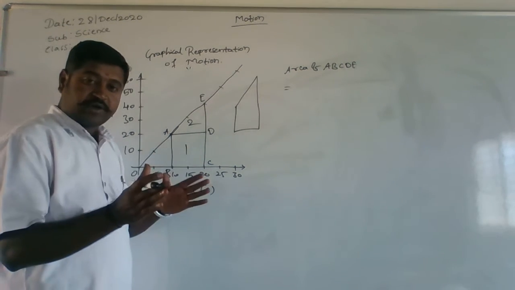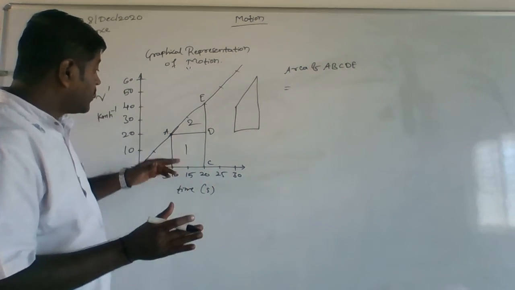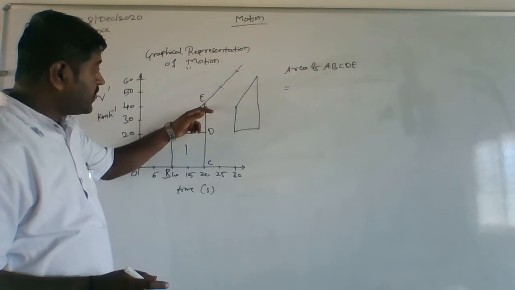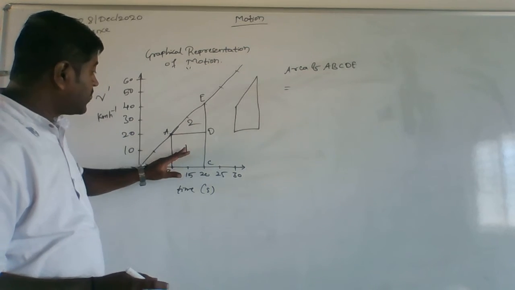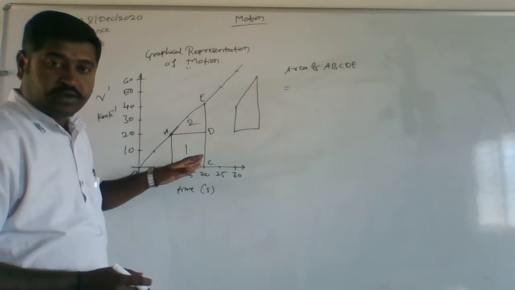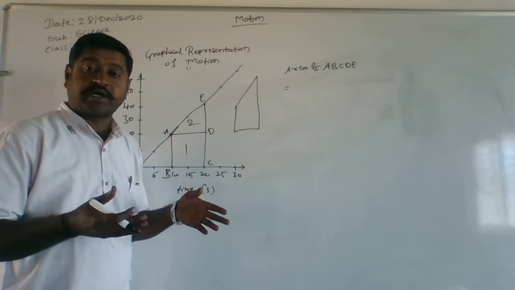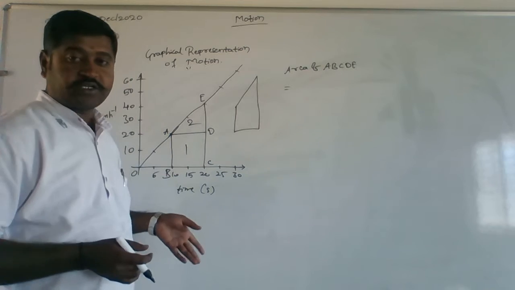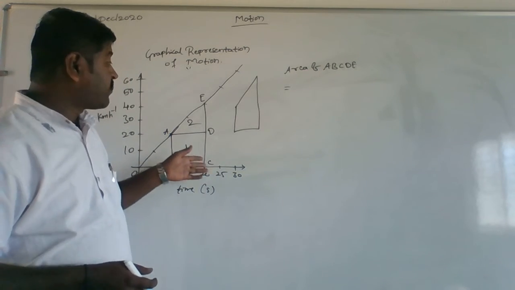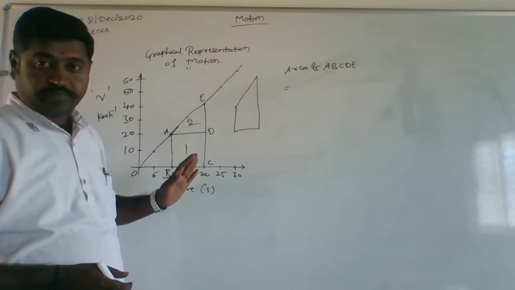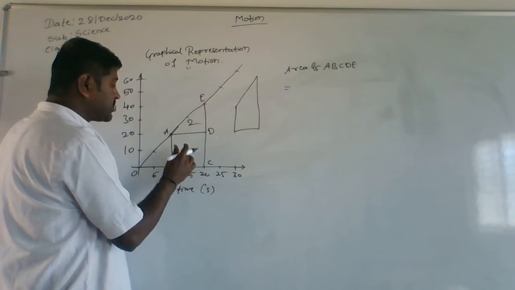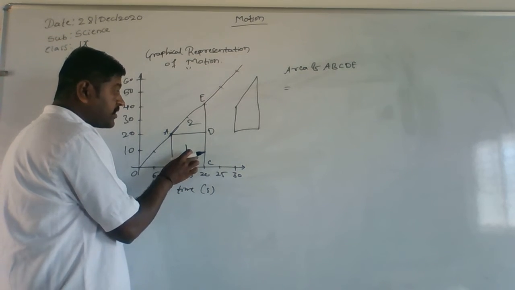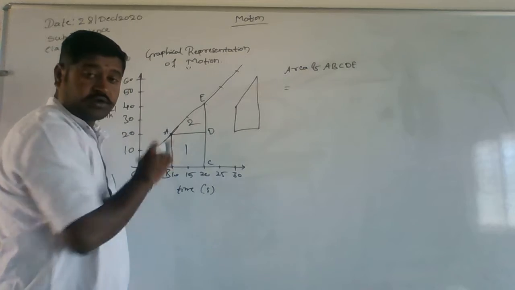Everyone, listen carefully. ABCDE, this is the picture here. So it looks like a trapezium. It looks like a trapezium. So what we will do, we will find the area of the trapezium. So area of trapezium is nothing but area of rectangle plus area of triangle.